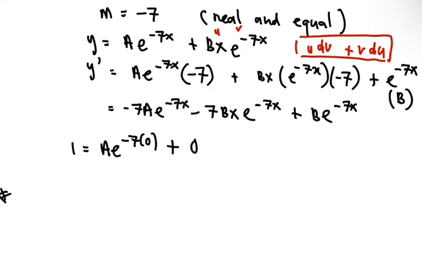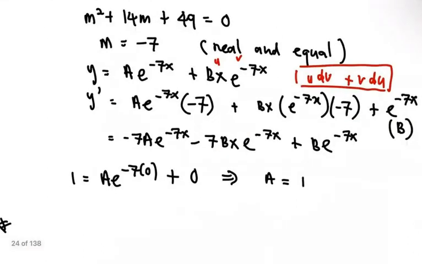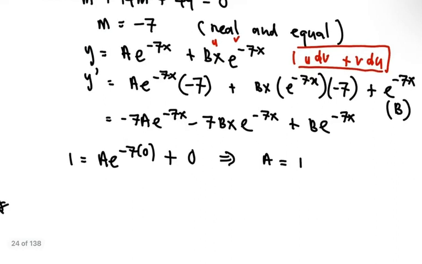So we have a equal to 1. I did not proceed with this one because I know substituting x equal to 0, this will be 0, and here will be 1. So 1 equal to a.